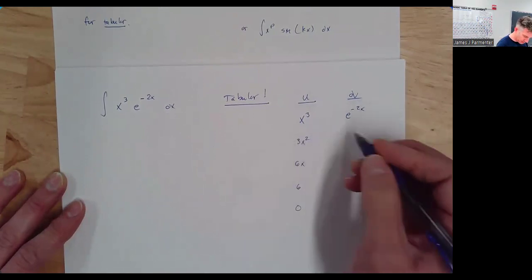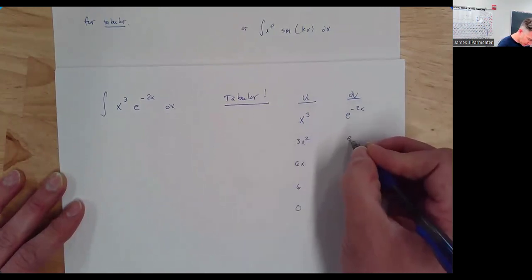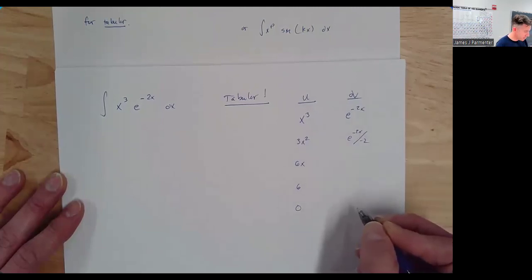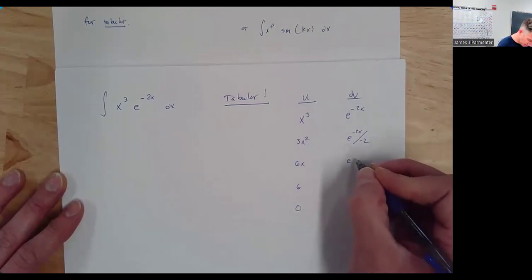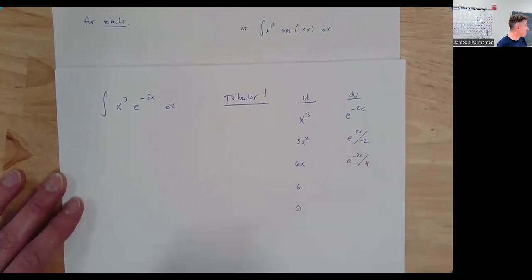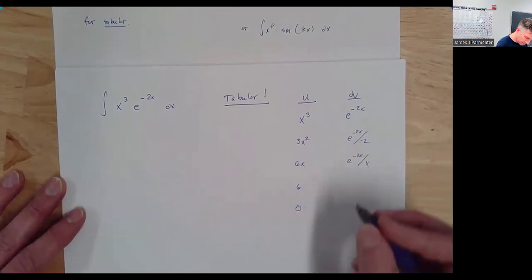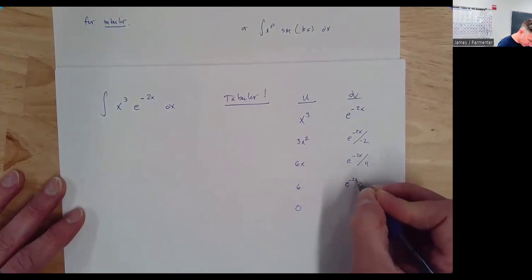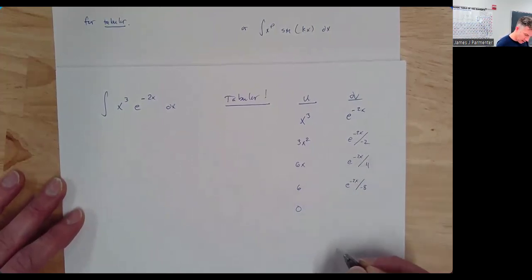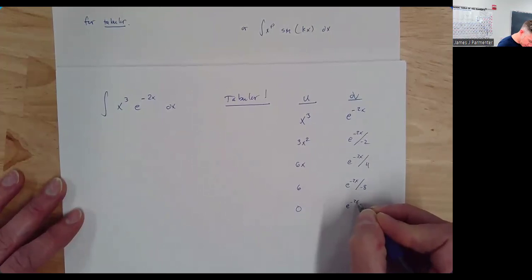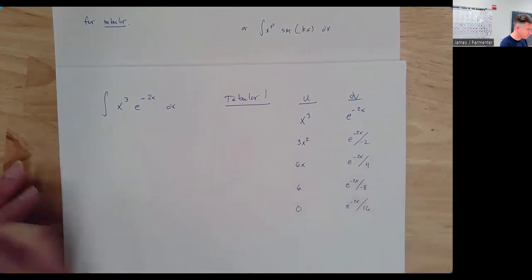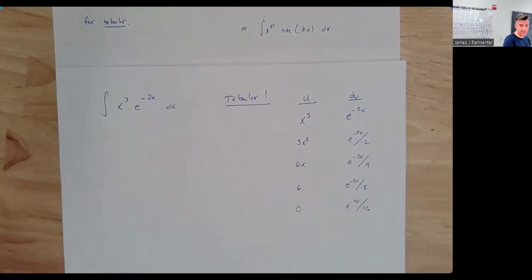My antiderivatives are going to be e to the negative 2x divided by negative 2, and then e to the negative 2x divided by positive 4, because I'm dividing by another negative 2, and then e to the negative 2x divided by negative 8, and then e to the negative 2x divided by positive 16. So every time I anti-differentiate e to the negative 2x, I just end up dividing by another negative 2.